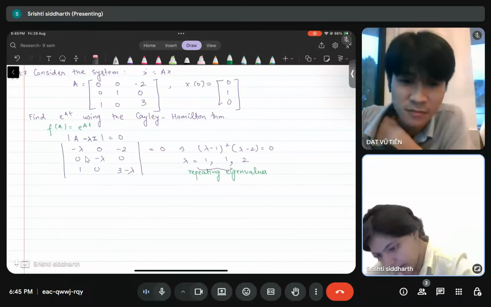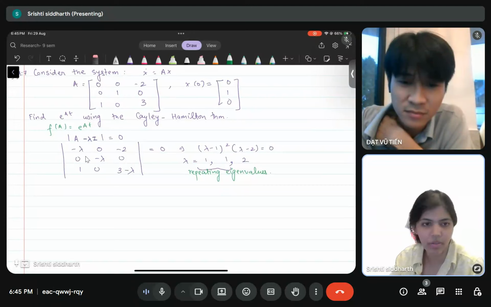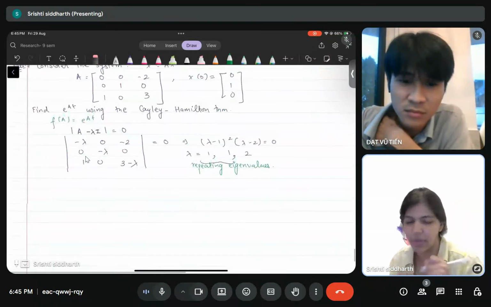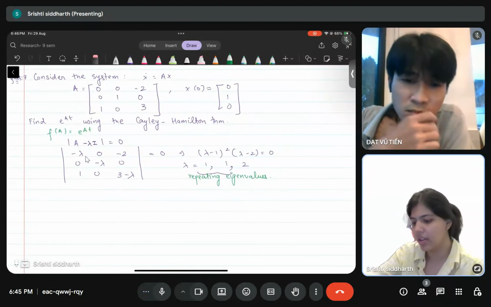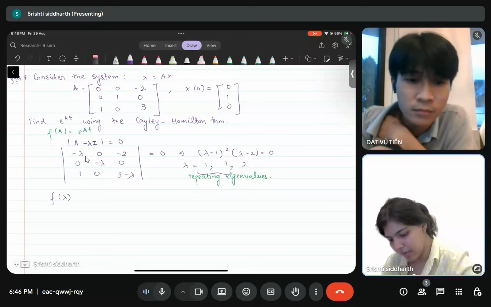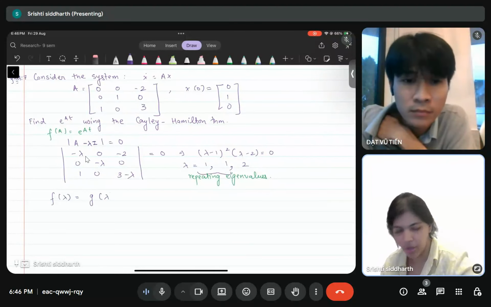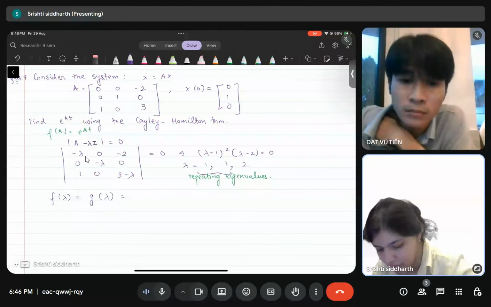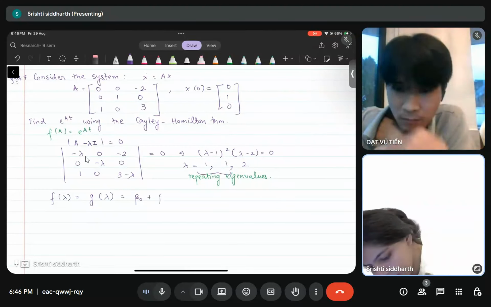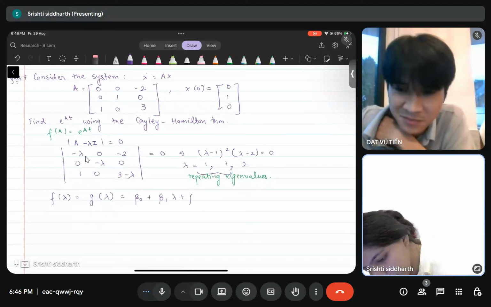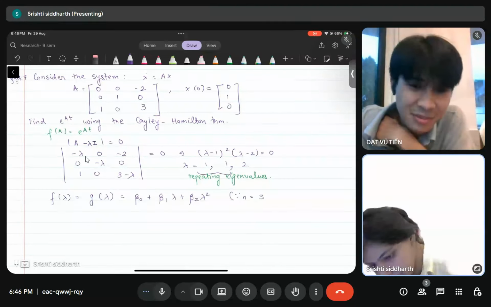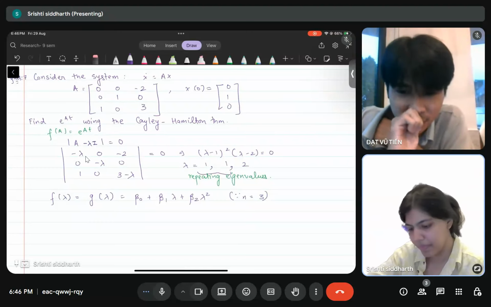Now let's see how we can adapt the theory which we have just learned. This is a third order system. We want to write this f of lambda in terms of some g of lambda, which is beta 0 plus beta 1 lambda plus beta 2 lambda squared.